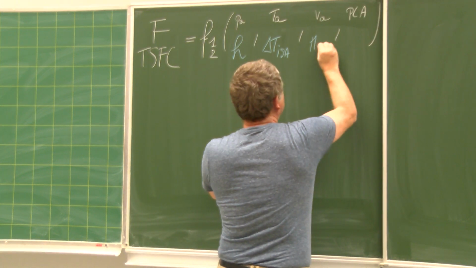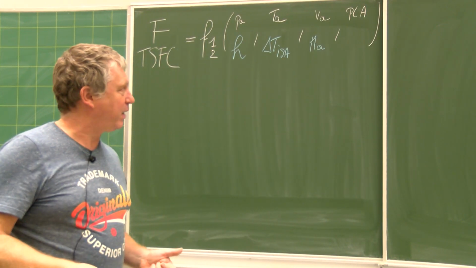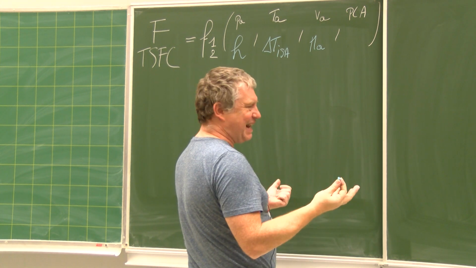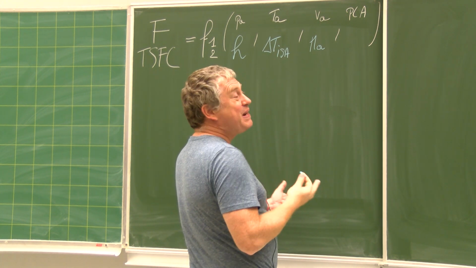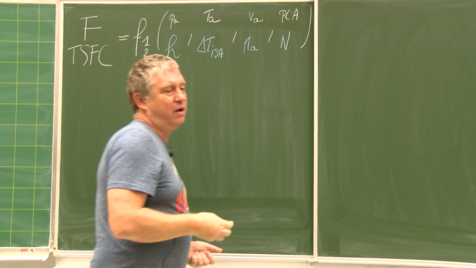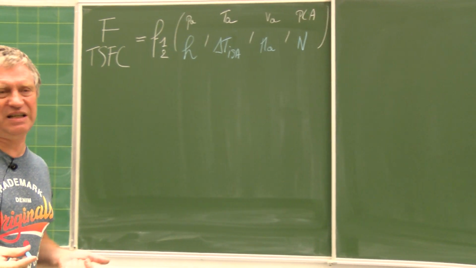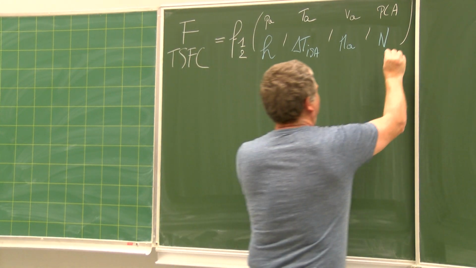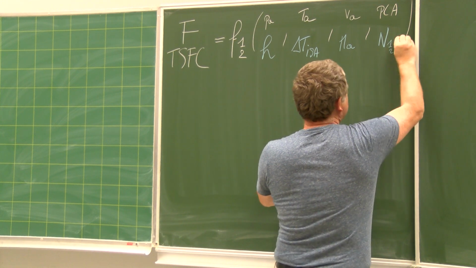Very often we will more speak in Mach number. And here we will speak in a parameter that is representing the PLA. Very often we will use as this parameter the rotational speed. Is it N1? Is it N2? Is it something else?